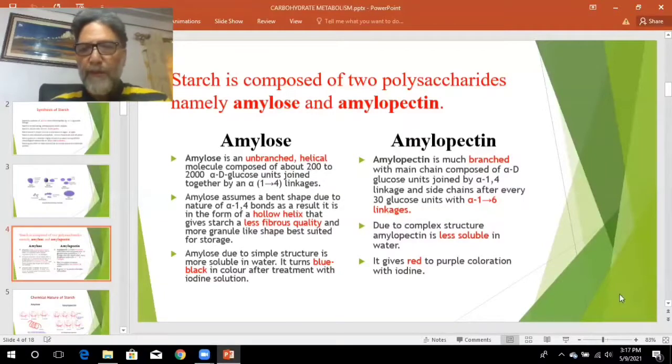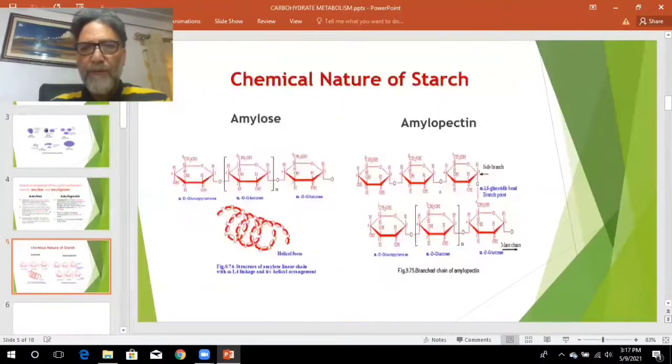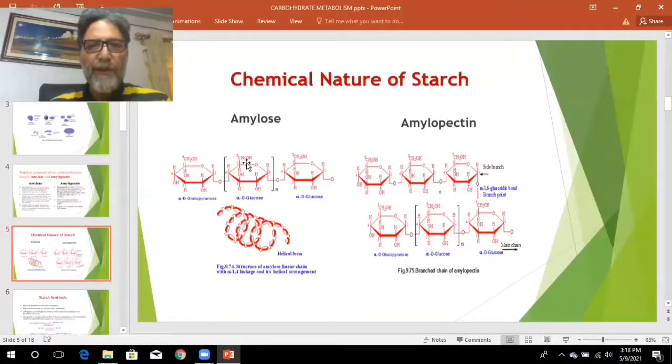Now we'll see them chemically, how they look. Amylose, as I said, has a chain of D-glucose units which are joined by means of 1,4 alpha linkages. The 1 of this and the 4 of this forms the alpha linkage. So there are a number of these units. And since there is a bend here, it assumes the shape of a helical form, and so is a hollow helix.